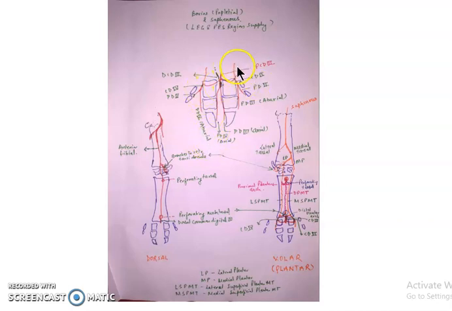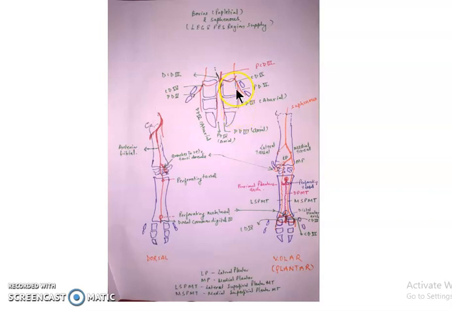Similarly, the medial digital, that is the continuation of medial superficial plantar metatarsal, which is called medial digital artery, is known as common digital second. And that common digital will be divided into two branches, that is proper digital second and proper digital third.